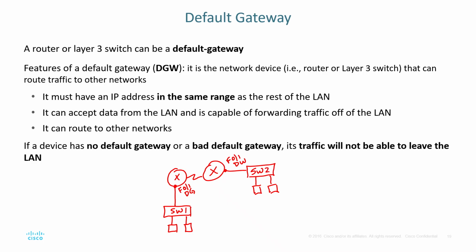When you configure and you go into your router and you go into interface 0/1, you give it an IP address and a subnet mask and the command no shut, which turns it on. When you do that, it creates an entry in the router's table.